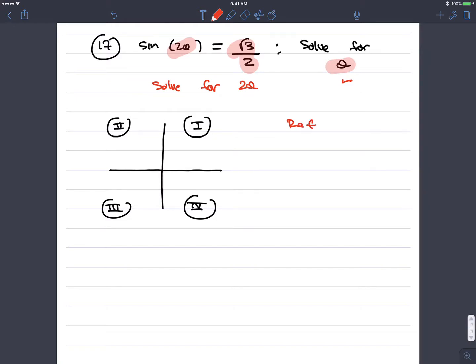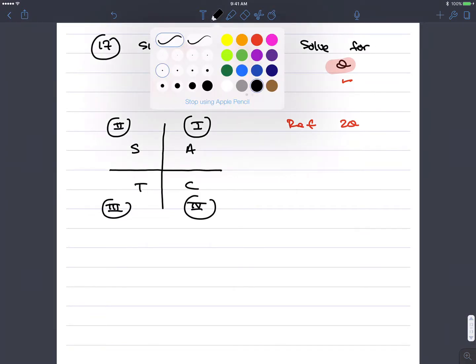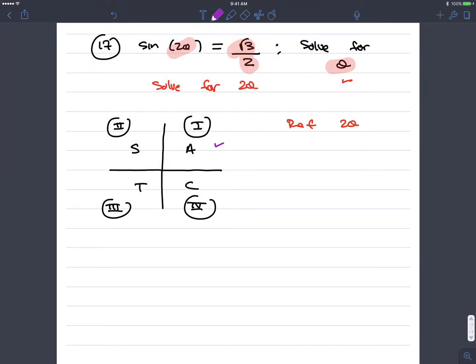So we need the reference angle for actually 2 theta, not what? Theta. And where is sine positive again? If we say all students take calculus, where is sine equal to the square root of 3 over 2, or I should say sine 2 theta? What quadrants is sine positive again? 1 and 2. Good job.